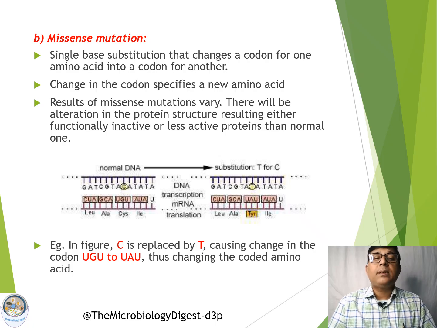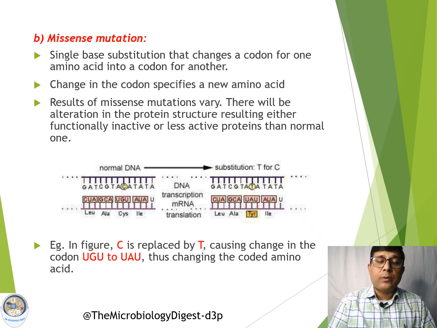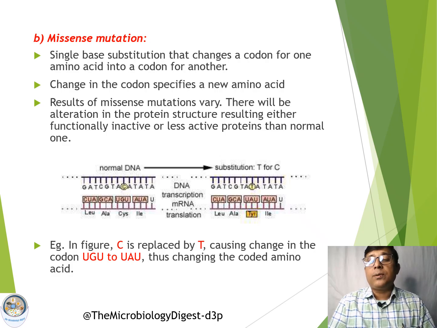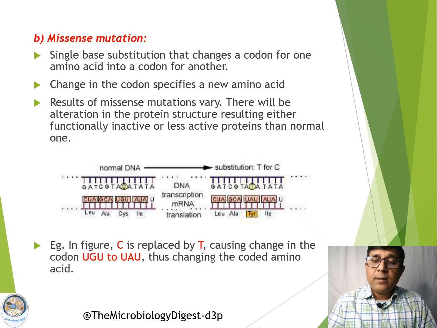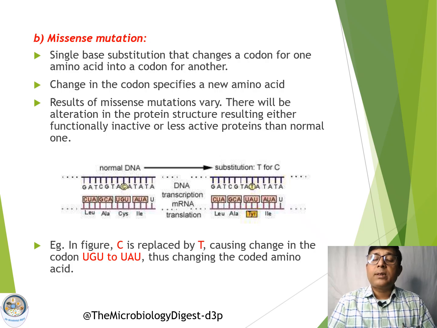The next type is the missense mutation. Here again a single base substitution occurs, but there is a change in the sense of the codon. One nucleotide base is replaced by another, and the codon which codes for an amino acid is changed.